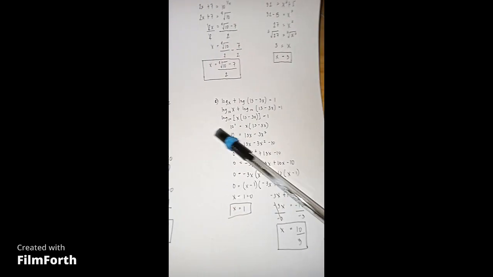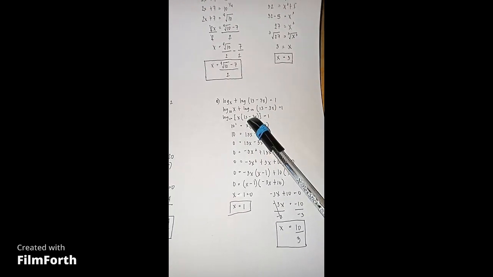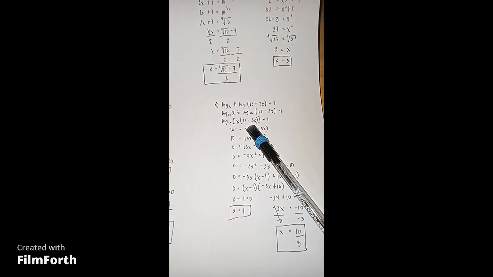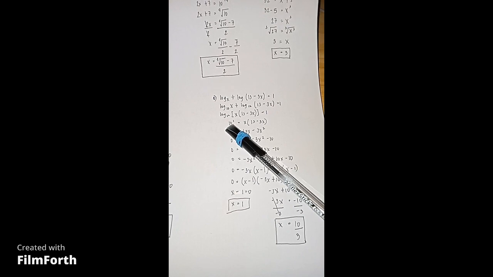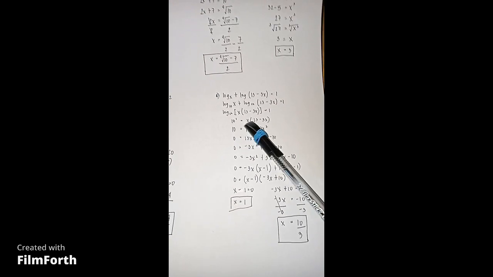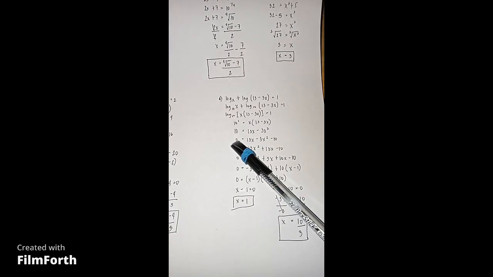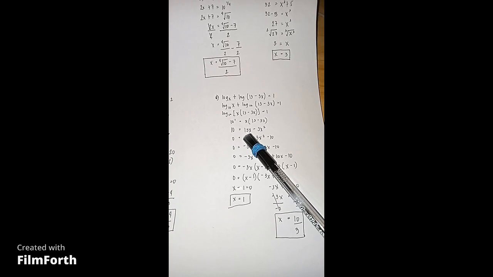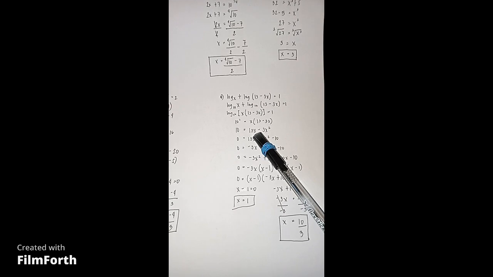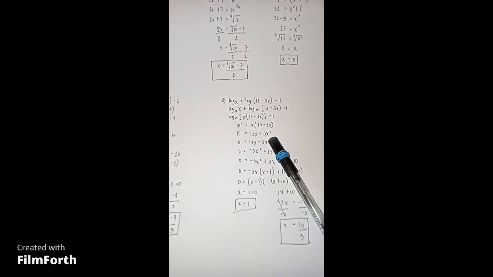So log 10, so here we put x, and then here, so that we can build a bracket, and then copy the 1, and 10 raised to 1 equals x, the quantity of 13 minus 3x, so 10 equals x times 13 is 13x, so x times negative 3x is negative 3x squared.